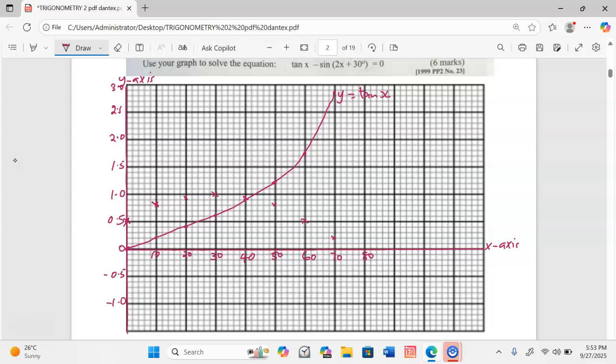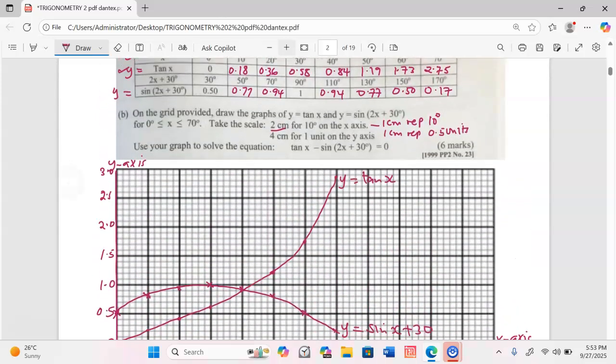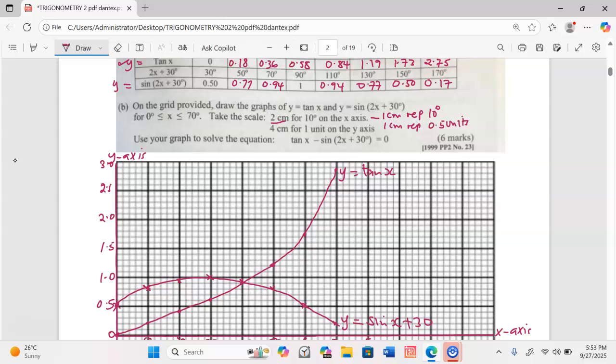From there, now we are going to join again all these points that we have plotted. That is exactly what we are going to have for y equals sine of 2x plus 30. Once we have done that, we are now going to use our curve to solve the given question.